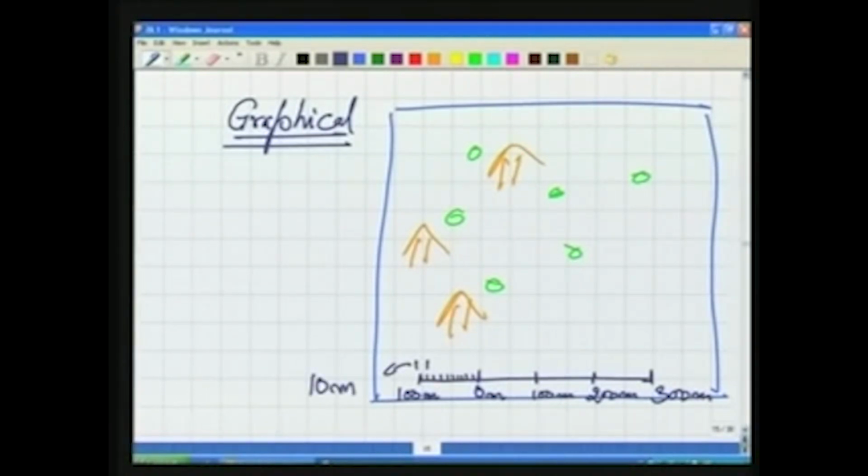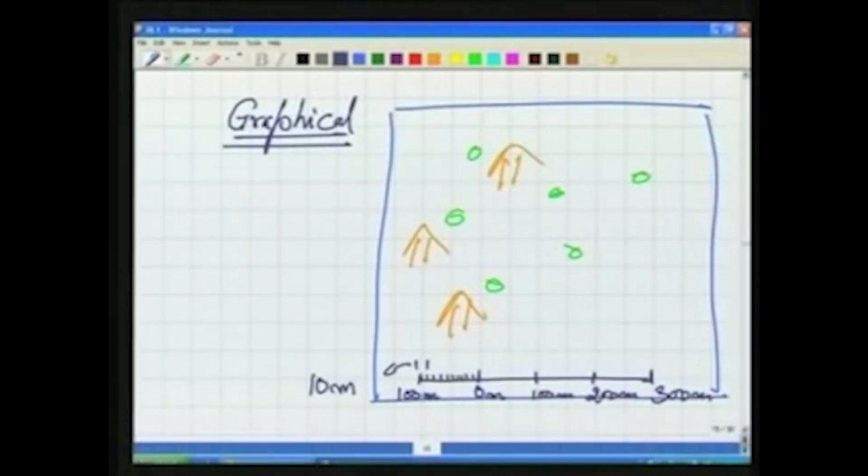What is the meaning of this? What are we doing? We are writing a scale on our map. Now any distance between these 2 points, if I measure this distance, I can bring it here and keep it here, for example, this way. So you can measure the distance to be 100 meter plus 1, 2, 3, 4, 5, so 150 meter.